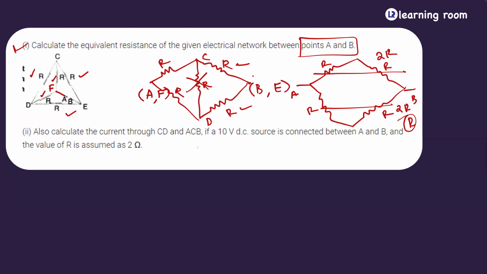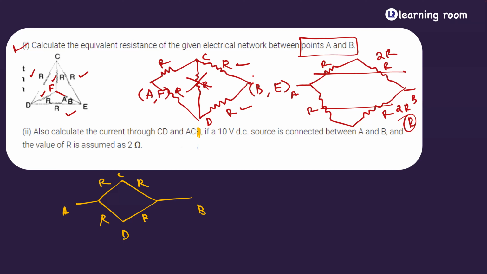So basically this is a circuit. I drew it, no? In this circuit, if I take this to be R, this to be R, this to be R, and this to be R, this is B. What are they asking?